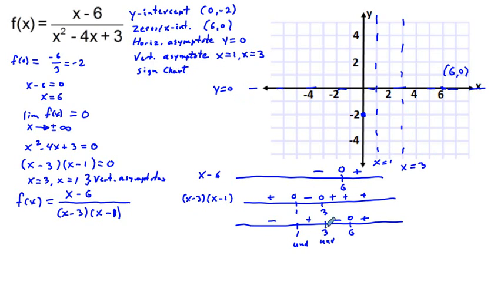And we've used our sign chart to figure out what's going on. So I'm going to go ahead, red here. Coming from the left, we have our horizontal asymptote, and we're going to pick up this y-intercept, and then come down here like this. So that's what that's going to look like to the left of 1. Between 1 and 3, we have positive, so it's going to look something like this.